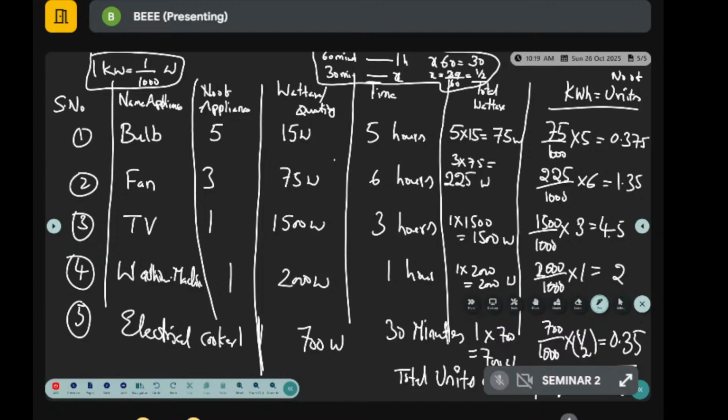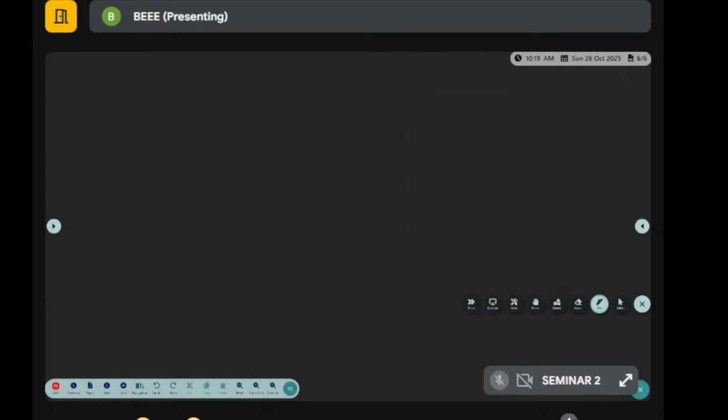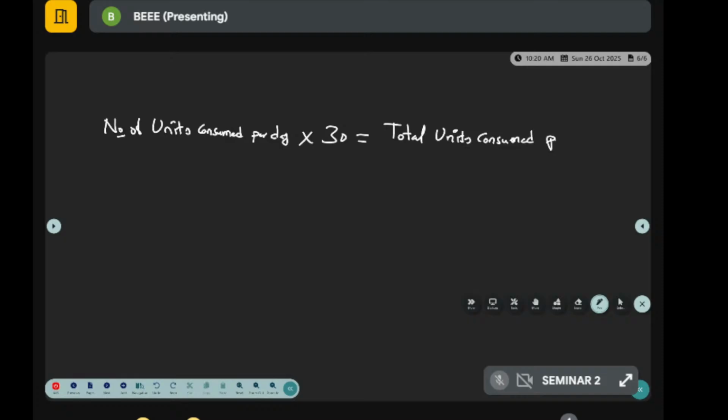8.575, number of units consumed per day, into 30. We'll get the total units consumed for 1 month.